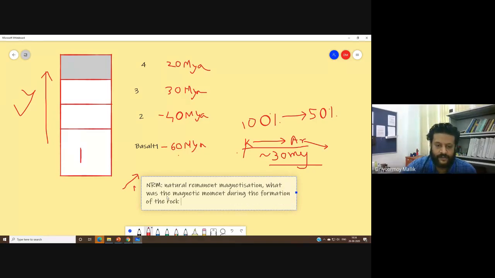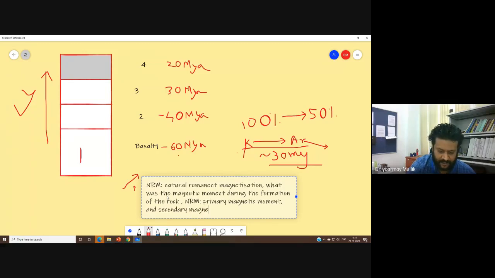Okay. So NRM will then have two components. Okay. One will be the primary magnetic moment and the secondary magnetic moment. I'll explain what the primary magnetic moment and the secondary magnetic moment are in a moment. So we are after the primary magnetic moment.